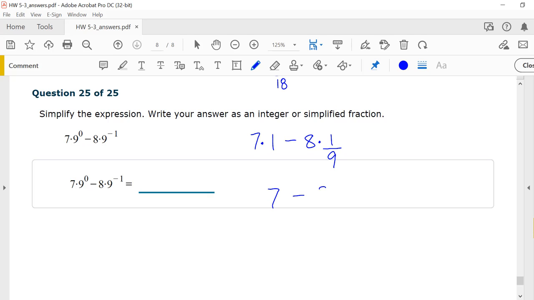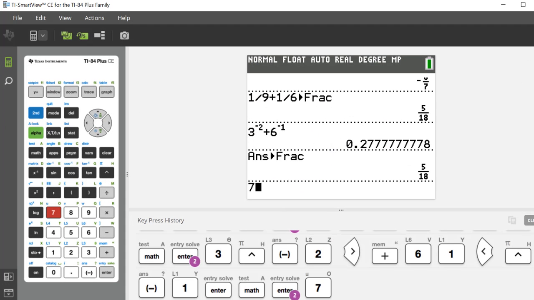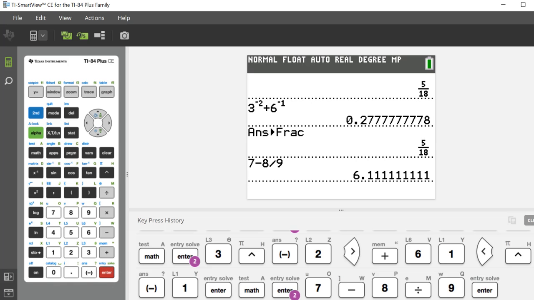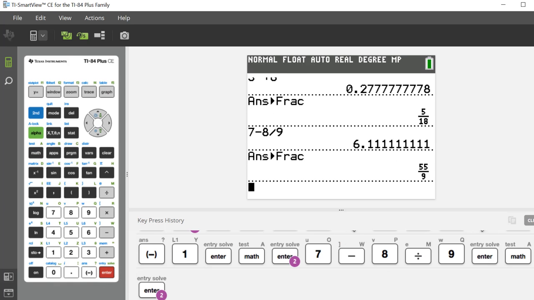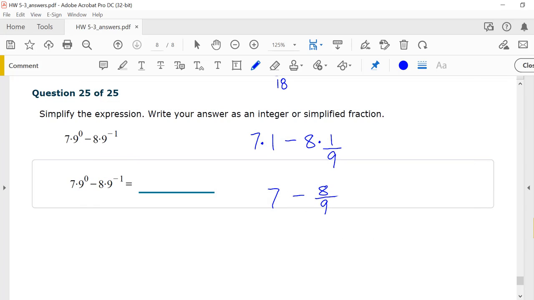So I get 7 minus 8/9. 7 minus 8/9 is 55/9. That's it.